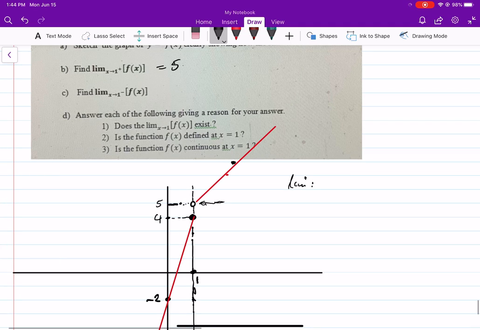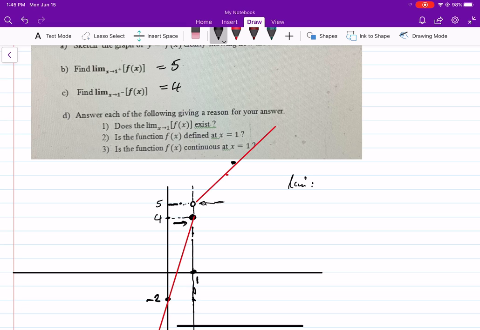As you're approaching 1 from the left, the limit as x approaches 1 minus of f of x. That means you're approaching 1 from the left. If you're approaching 1 from the left, the function is clearly approaching 4. Now, here's a classical example that shows what the limit is all about.